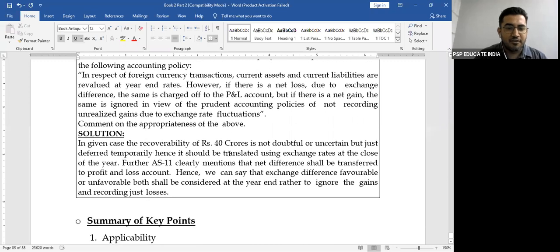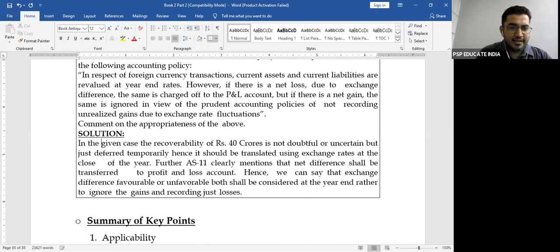Let's look at what they have given. In the given case, the recoverability of rupees 40 crores is not doubtful or uncertain, but is only deferred temporarily. Hence it should be translated using the exchange rates at the close of the year.